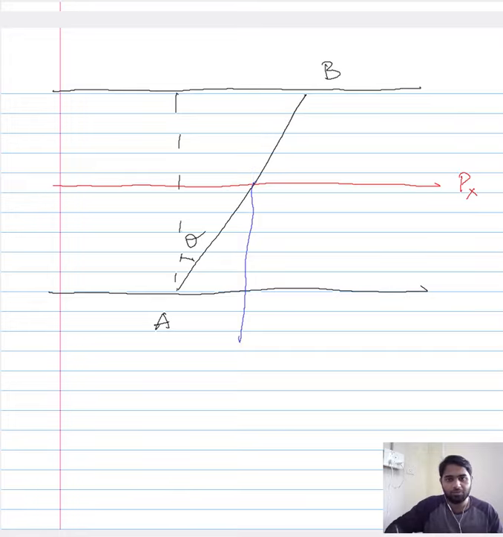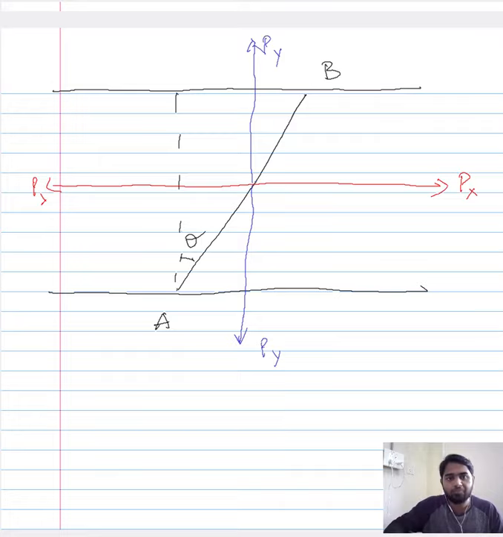I will try to make it as straight as possible. So this would be the other loading direction, and this would be your x. So this is a tensile loading condition.